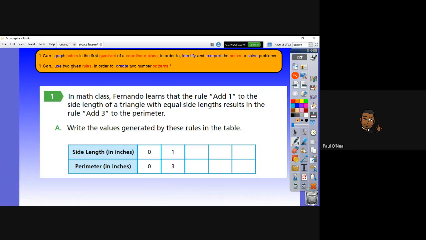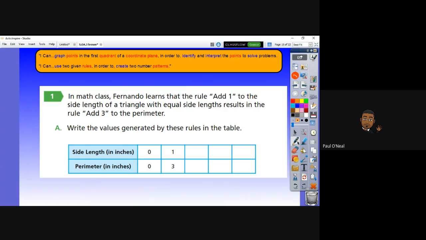Perimeter is basically counting around the entire thing, right? The perimeter of it. And then the fact that they're talking about a triangle has 3 sides. And with it being said, with equal side lengths, we then know if we add 1, if we were to go around the triangle, we could then realize that add 3 would make sense if we are going around the triangle to get the perimeter.